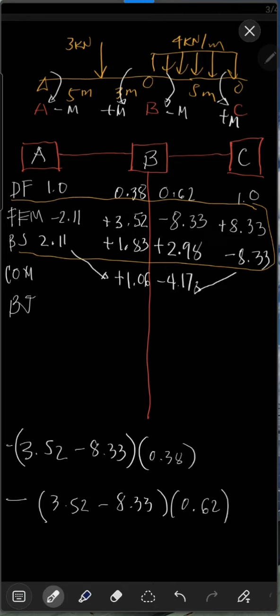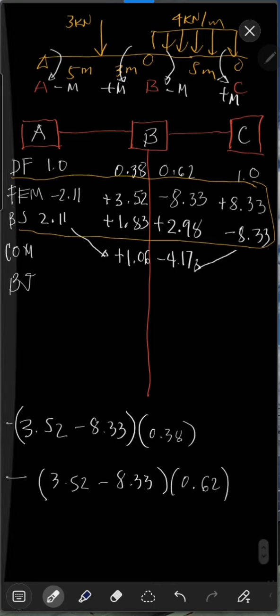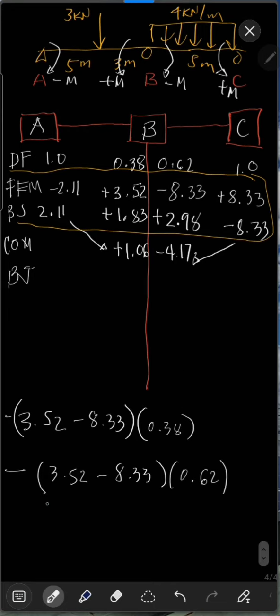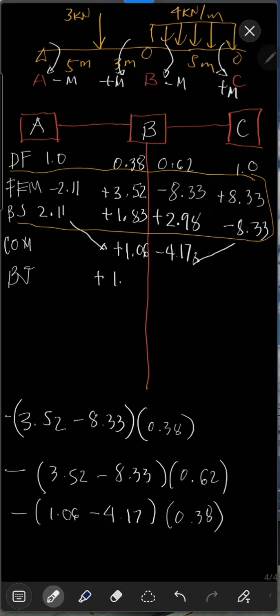So how will you balance the joint? Again, you add the negative of the sum of the moments, 1.06 plus negative 4.17, or minus 4.17, multiplied by 0.38. Negative 1.06 minus 4.17 multiplied by distribution factor 0.38, we have a positive 1.18.